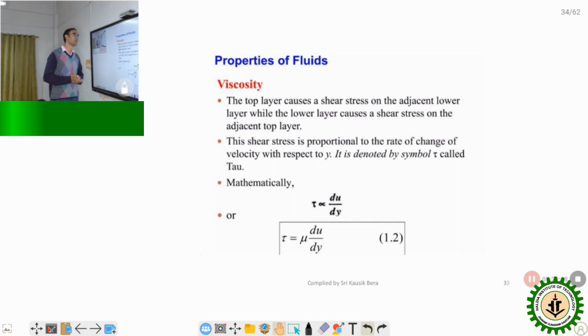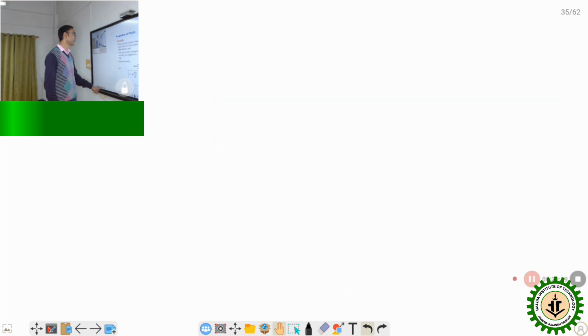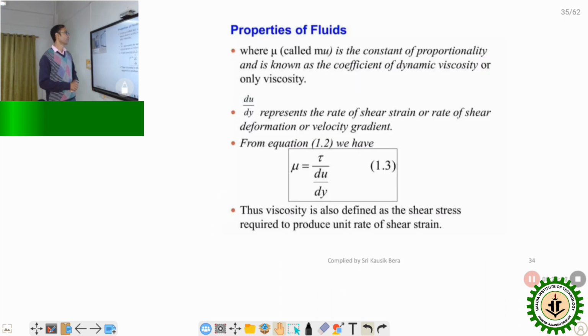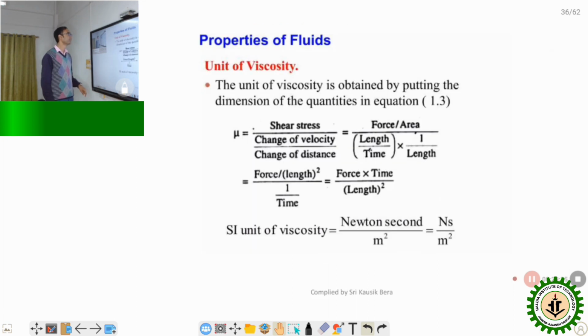So this shear stress is proportional to the rate of change of velocity with respect to y. Tau denotes the shear stress. This mu is called the coefficient of viscosity, or the dynamic viscosity. The SI unit of viscosity is Newton second per meter square.